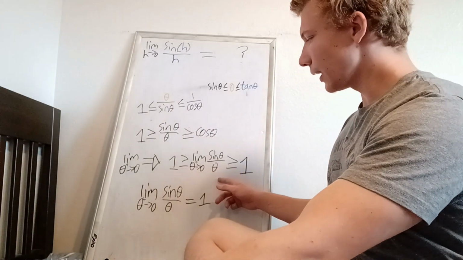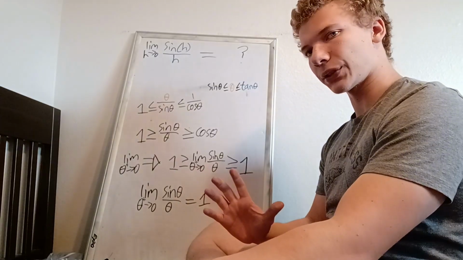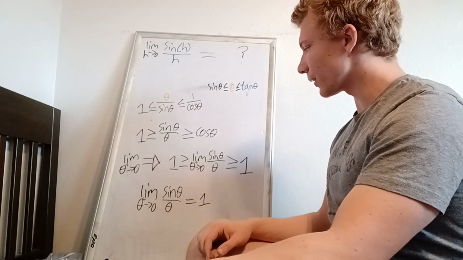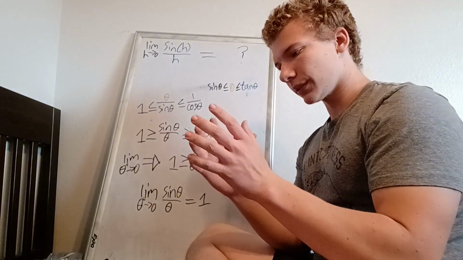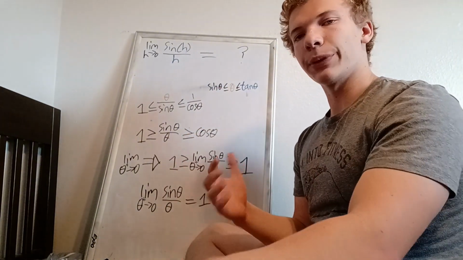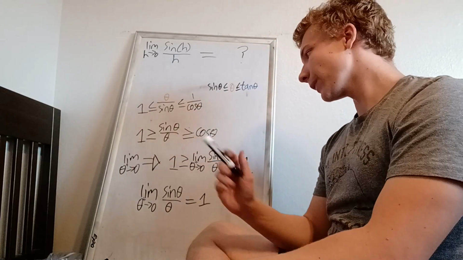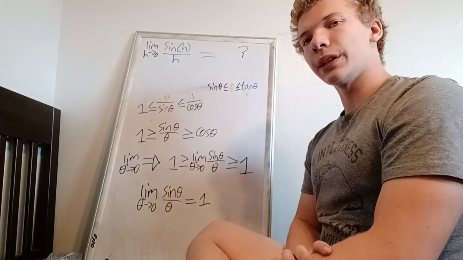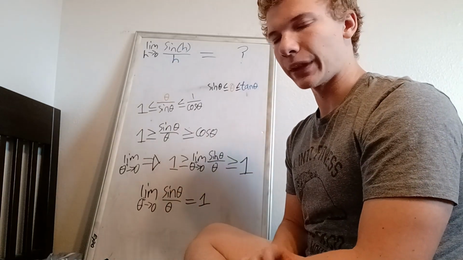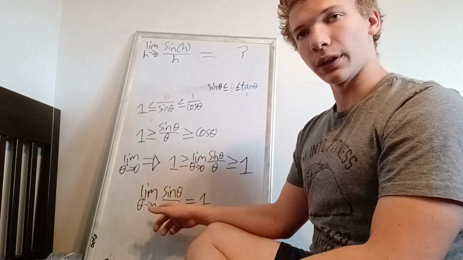So we see that the limit as theta approaches 0 from the positive direction of sine theta over theta is less than or equal to 1, and greater than or equal to 1. But the only way to satisfy both of those conditions by the squeeze theorem is that the limit must be exactly equal to 1.